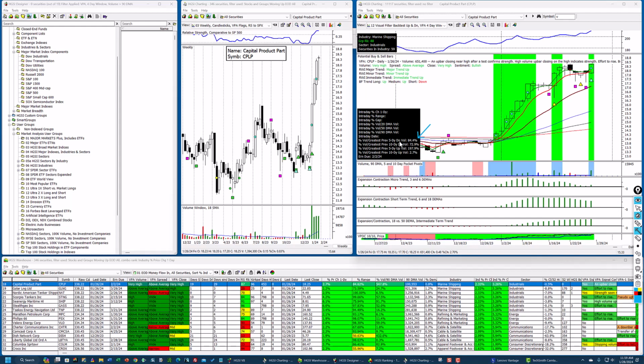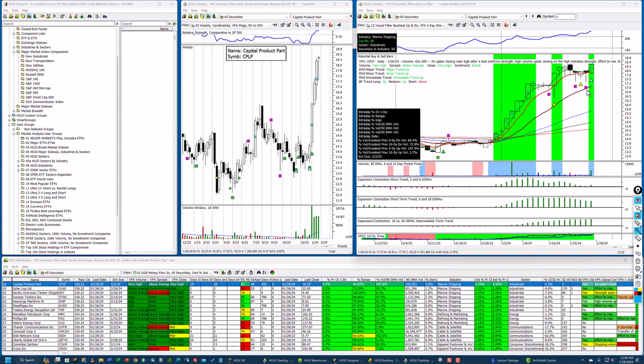So this bar right here is 184.4, or 84.4% greater than any down bar over the previous 5 days, and 72.9% greater than any down bar volume, or a down bar with volume over the past 10 days. I put this in here so you can see how much of a volume spike it is.